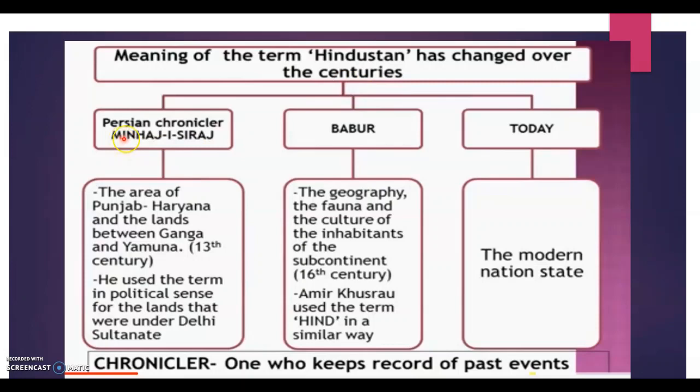First one, the Persian chronicler Minhaj-e-Siraj used the term for the area of Punjab, Haryana and the lands between Ganga and Yamuna in the 13th century, and he used the term in a political sense for the lands that were under the Delhi Sultanate.